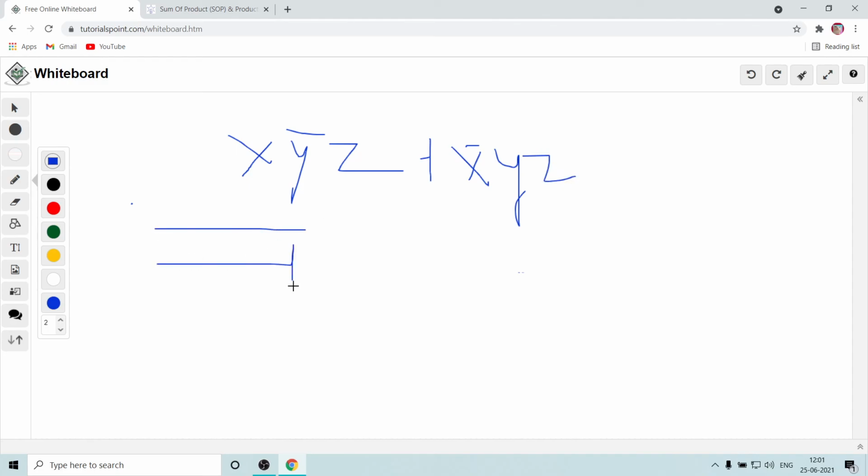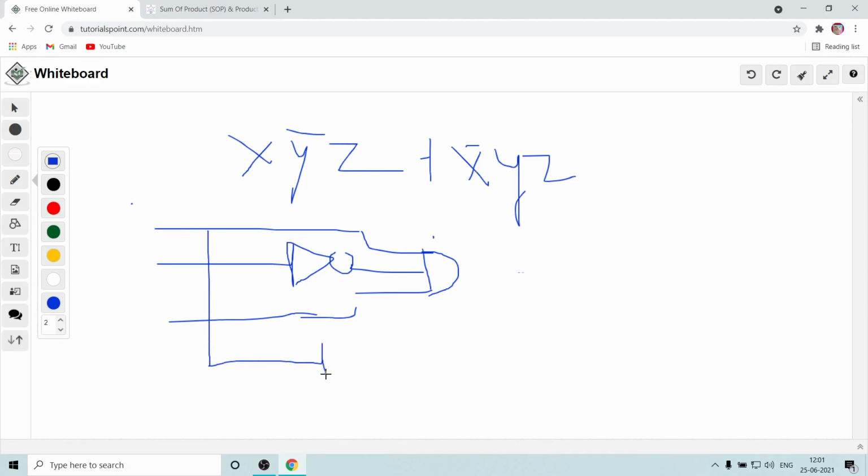So x, I'm just quickly making it, y bar, z. They all are connected to an AND gate. Then x bar. So what is x bar? I have to make an x bar. This is my x, I have to make it x bar. There x bar was already there, here I have to make x bar.